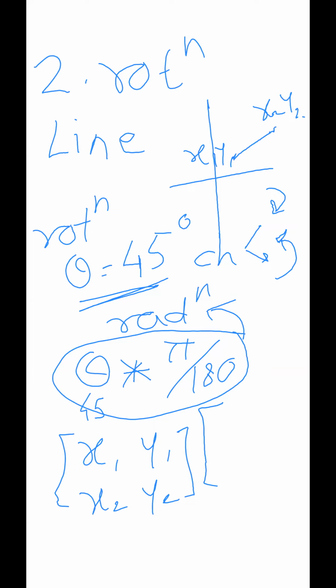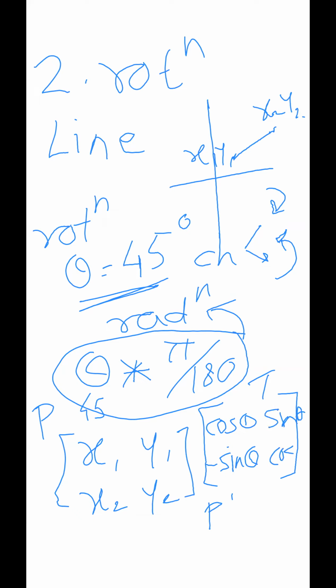This is your P, if you remember the original diagram, and when it is multiplied with T, you will get P dash as the output. P dash is equal to P into T, and that T is cos of angle, minus sine for clockwise, always remember, and here sine theta and cos theta. Always remember, this is the rotation for clockwise.